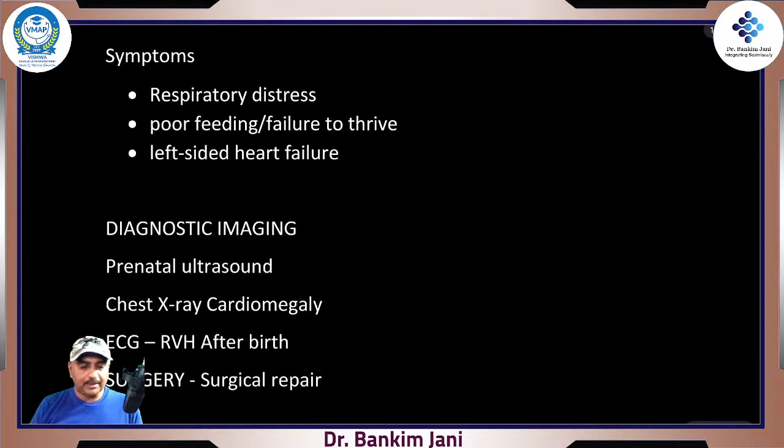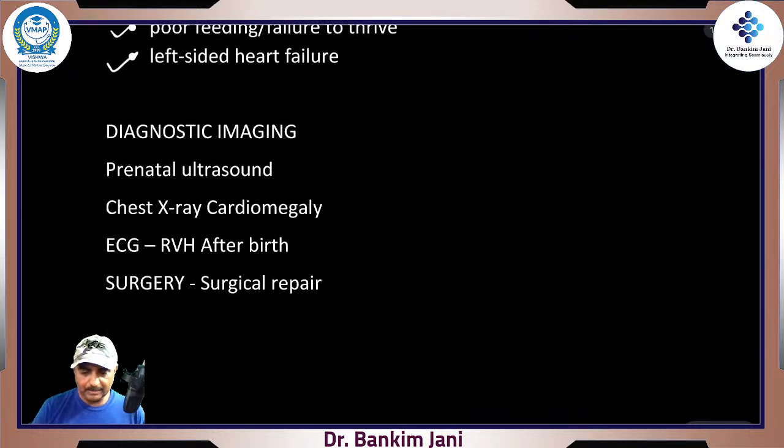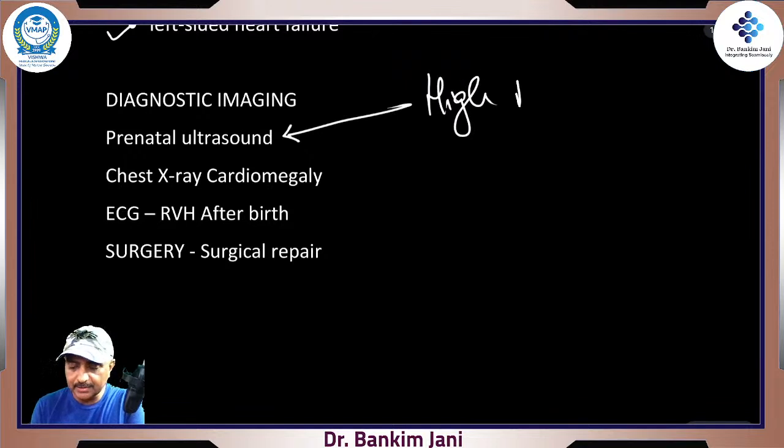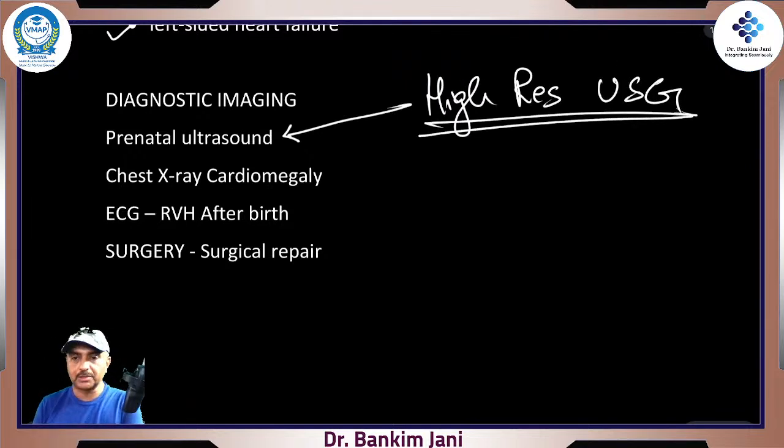So symptoms: respiratory distress, poor feeding, failure to thrive, failure to grow, left-sided heart failure, very easily understood, right? Diagnostic imaging: prenatal ultrasound, before birth. That's why high resolution ultrasounds are needed very much.